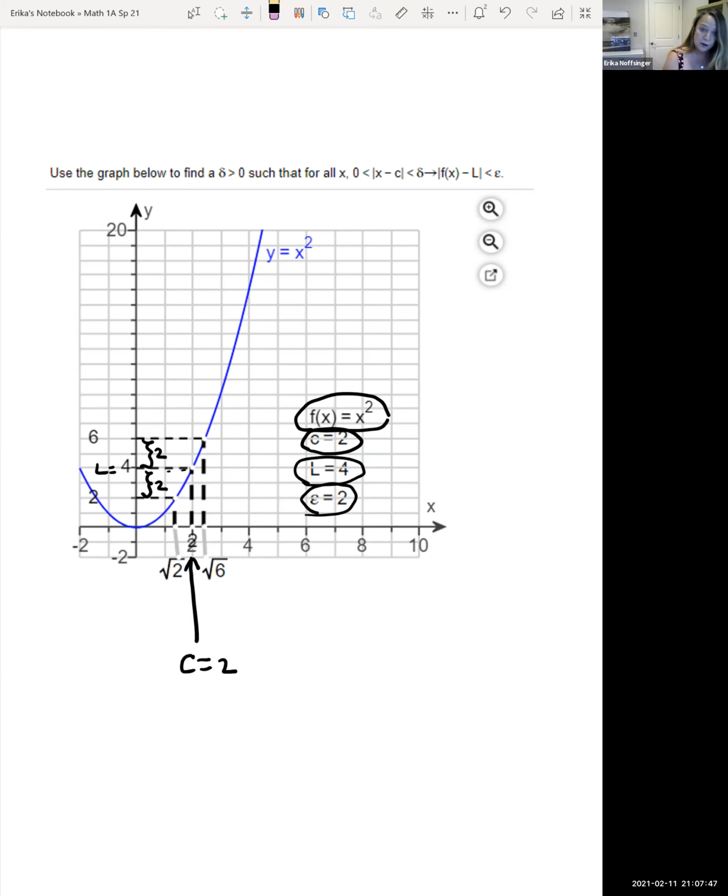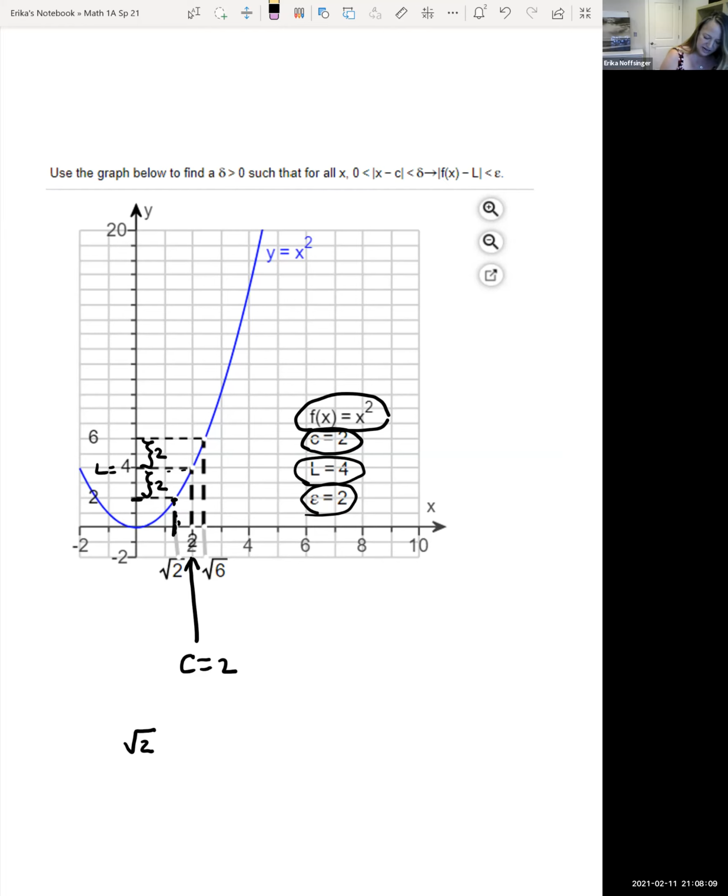If we go backwards from our y value and go to where we hit the graph to see what x value gets us there, we can see on the left of what we're trying to approach is the square root of 2. So our left bound here is root 2.